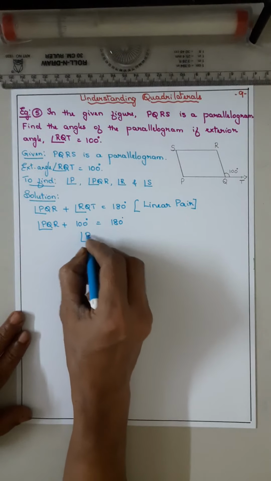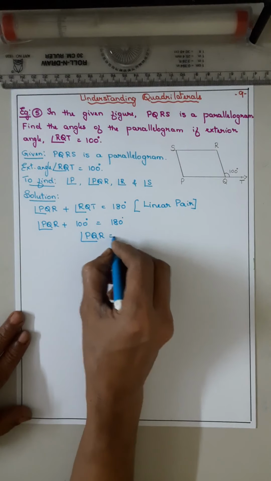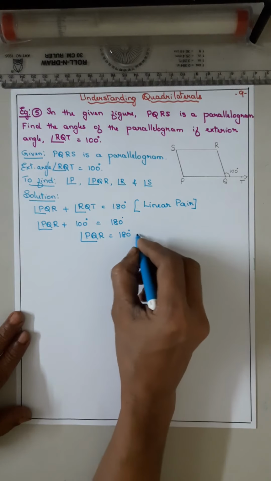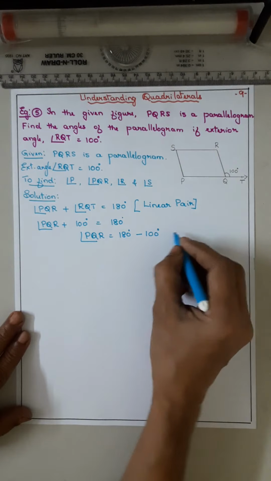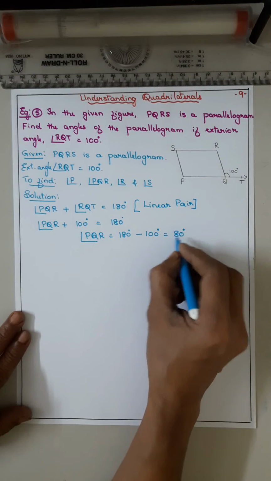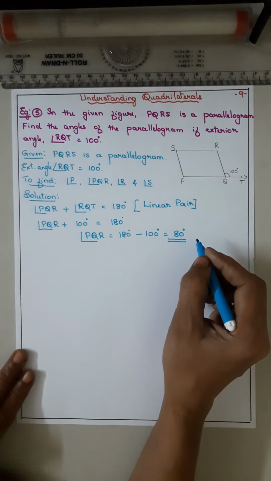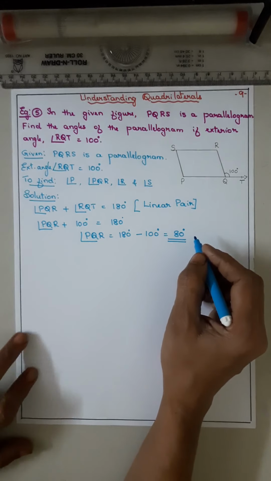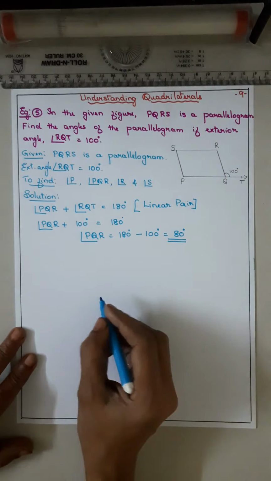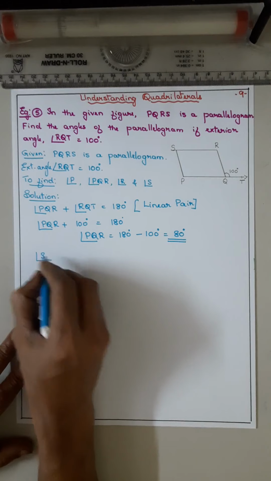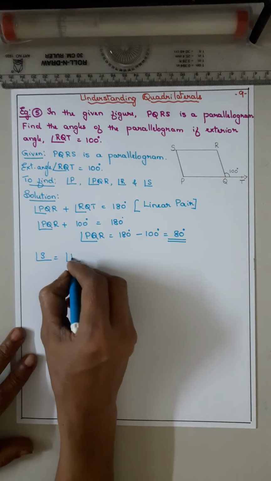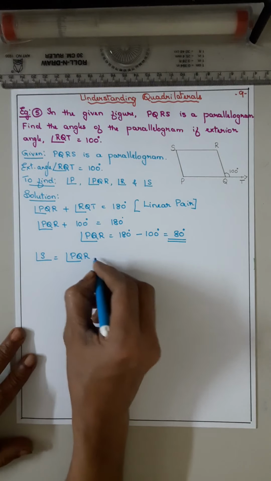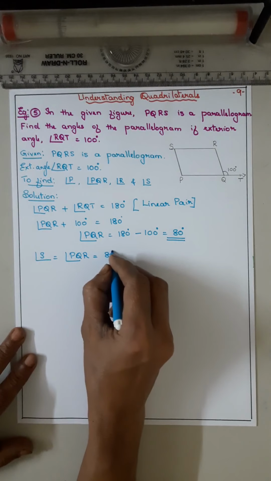So angle PQR is equal to 180 degrees minus 100 degrees is equal to 80 degrees. So angle PQR you got. So angle S, how much will it be? Angle S is equal to angle PQR is equal to 80 degrees.